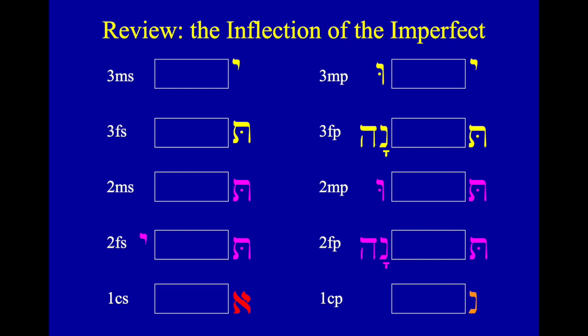Notice those, yeah? So we've got the same yod, which means third person. We have the vav, which means masculine plural. We have the nun, which means feminine plural at the end. The tavs, which are third feminine or all the second person forms. The first person aleph and the first common plural nun at the beginning. Great, same exact things that we've been used to with the Qal and with the Hithpael.